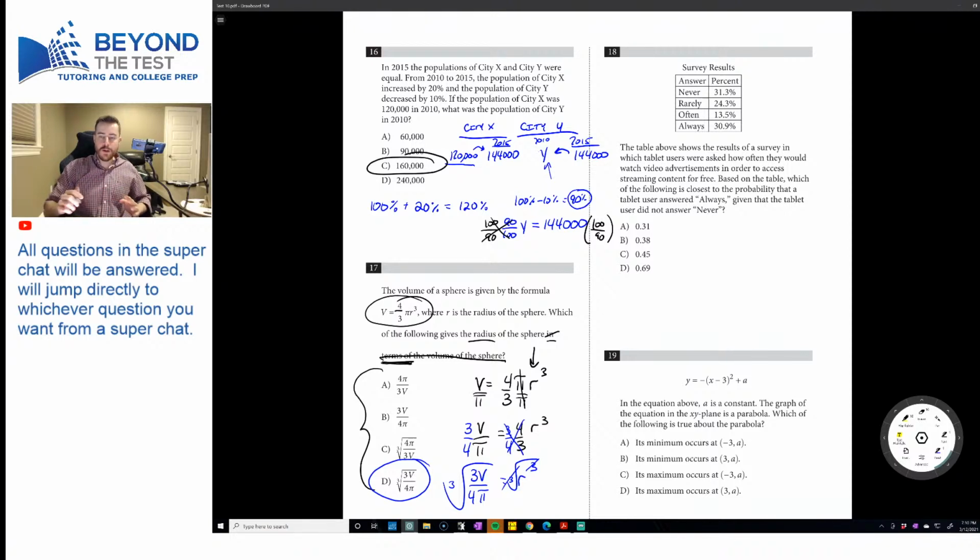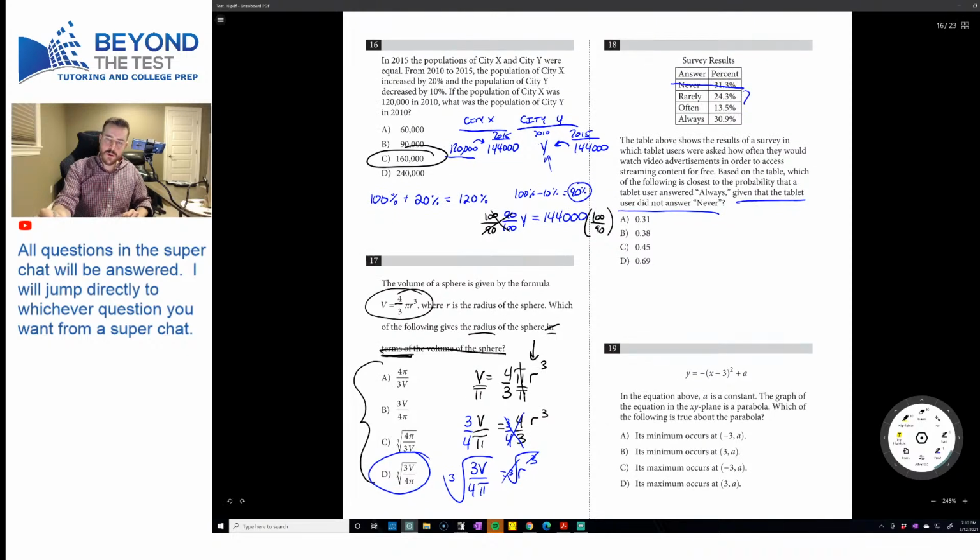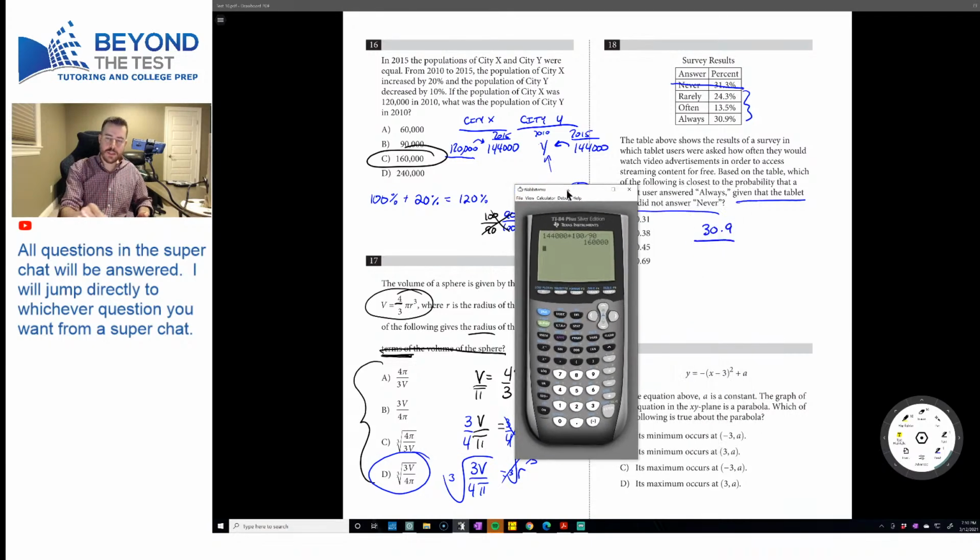Okay, so here we have to watch our probability. It says given that they did not answer never. So we can rule that out right off the bat here. We're only choosing from these sections here. So what's the probability that they chose always? Well, we had 30.9 that chose always out of, and now what we want to do is add those up.